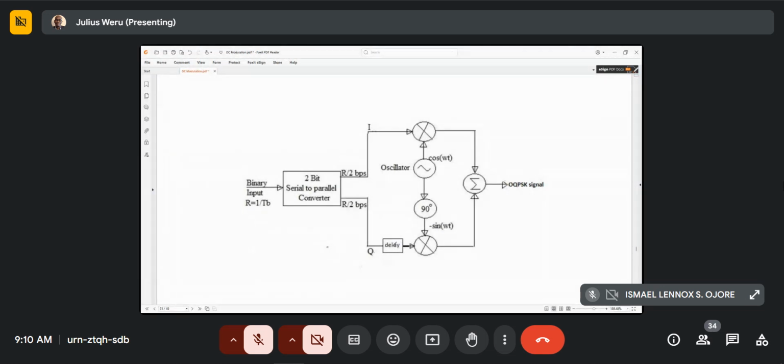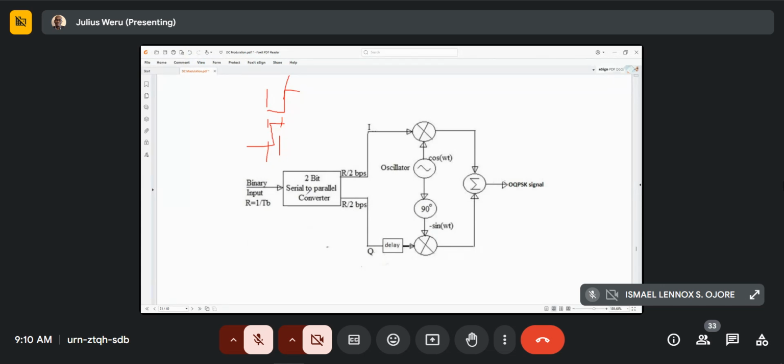You have your signals, the ones representing zeros and ones, and there will be a 1 bit delay. So you do not have them changing at the same time.